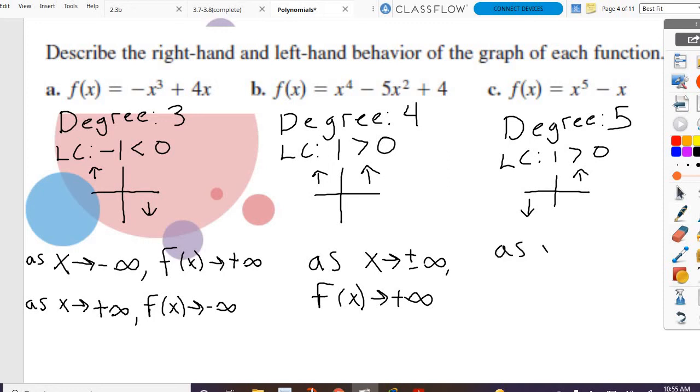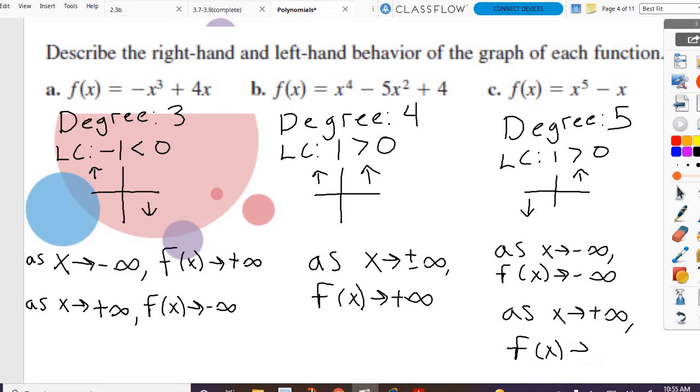So that basically means that our signs are going to match. So as x goes towards negative infinity, f of x is also going to go towards negative infinity. And as x goes towards positive infinity, f of x also goes towards positive infinity. Do we have any questions on end behaviors?